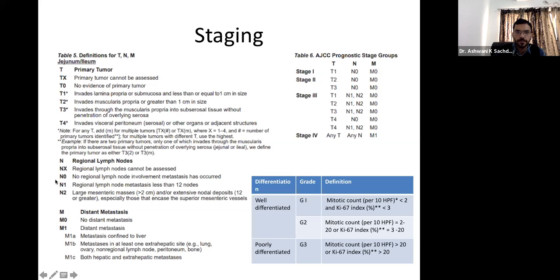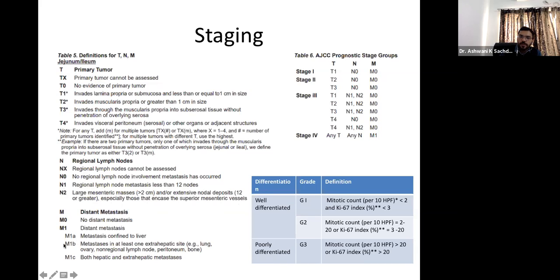And regional lymph nodes: regional lymph node metastasis in less than 12 nodes is N1, and more than 12 nodes or a large mesenteric mass more than 2 centimeters in size, especially those which encase the superior mesenteric vessel, are considered to be N2 disease. So we need at least 12 nodes for staging of carcinoid tumors.